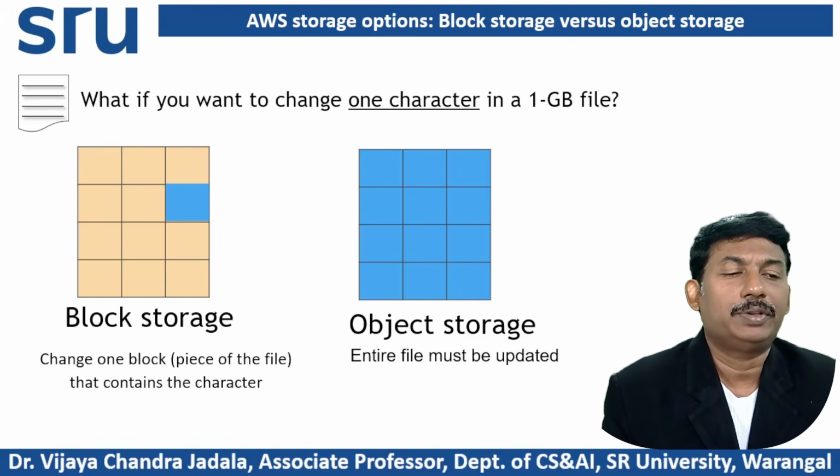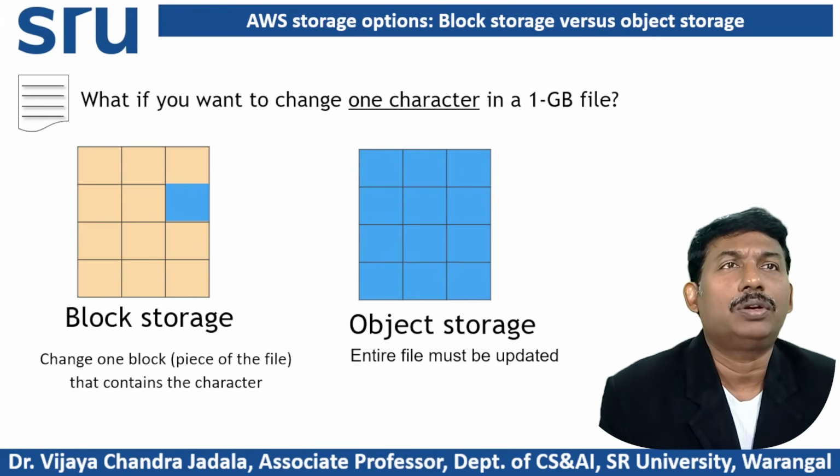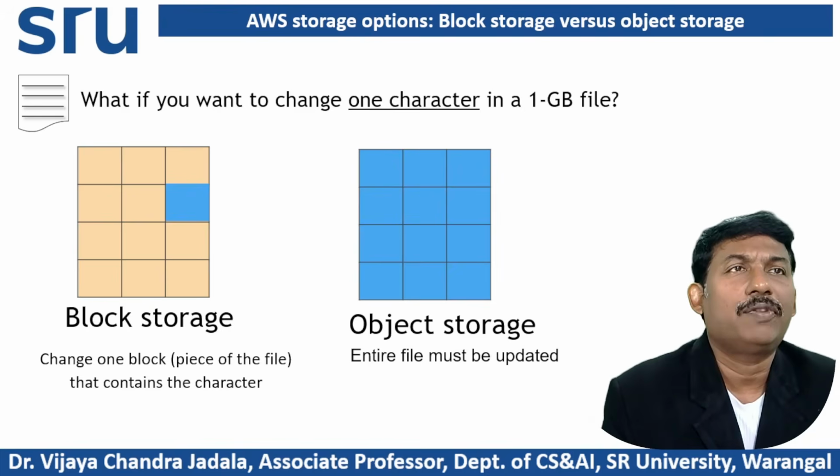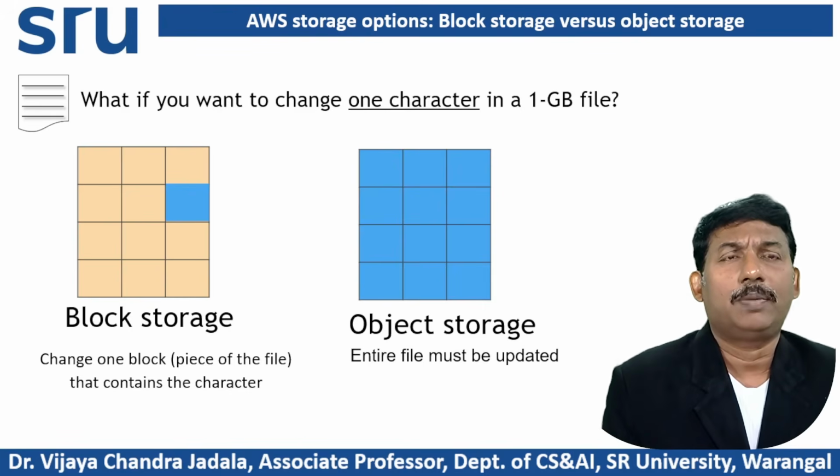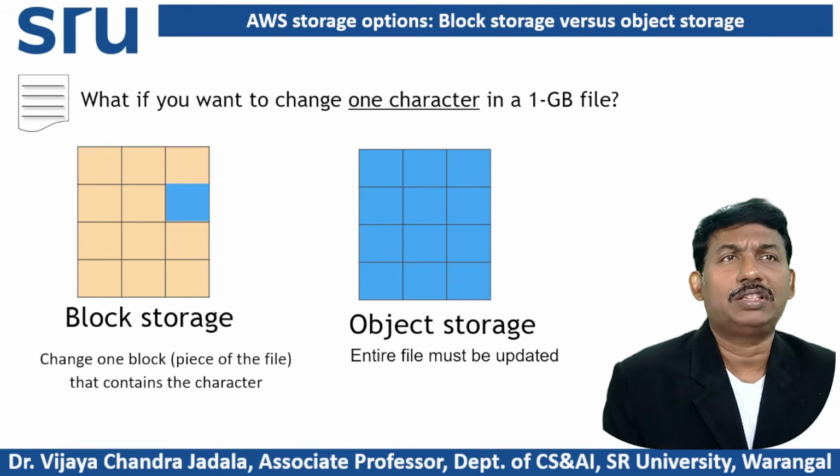What if you want to change one character in a 1 GB file? Here we cannot waste the total 1 GB of data. So in block storage, the total data storage is divided into parts, and each part is considered a block, whereas in object storage the object is stored. In block storage, you change one block, that is the piece of the file that contains the particular character.